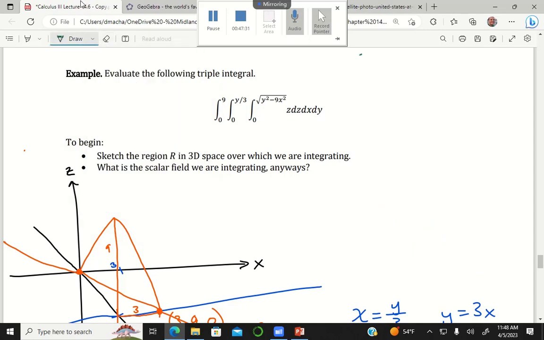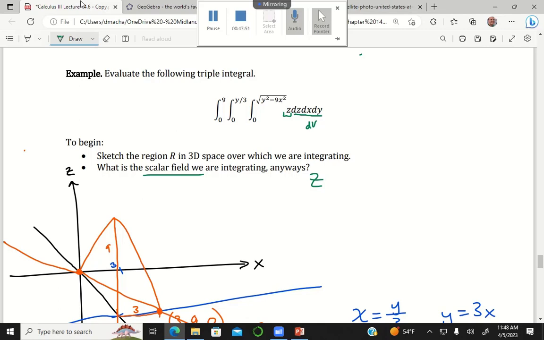So the scalar field that we're integrating, I don't know if you see it, but before the dz, dx, dy, before all of my order of integration stuff, I've got a little z there. And so the scalar field that we're integrating is just the function z.